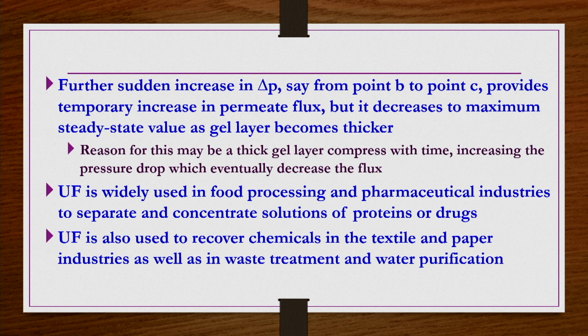UF is also used to recover chemicals in the textile and paper industries as well as in waste treatment and water purification. We have seen a few specific applications in the previous lecture, and some generalized applications are given here for ultrafiltration membranes. Now, based on this permeate flux and concentration polarization concept for ultrafiltration membranes, we try to solve a couple of problems.